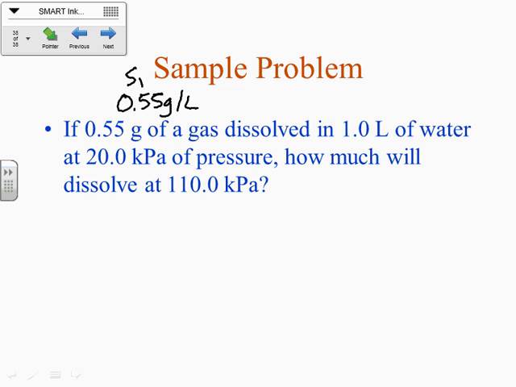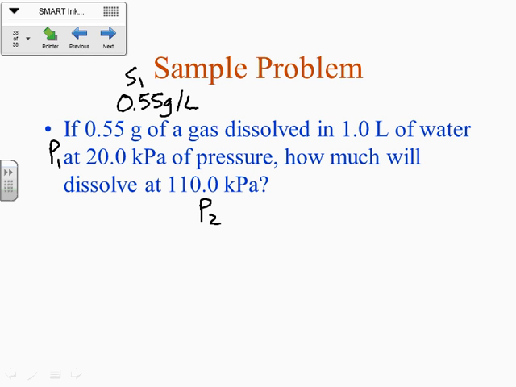That's the pressure that goes with that solubility. And how much will dissolve at 110? So that's our P2. Now, this is very similar to the last one, right? It's kind of confusing when it says dissolve. I thought you added those. No, it's just saying that's how much is in there, so that's the solubility.